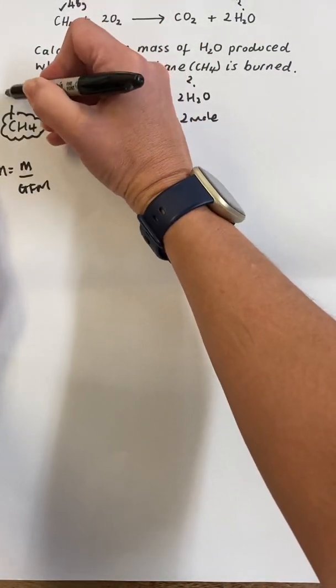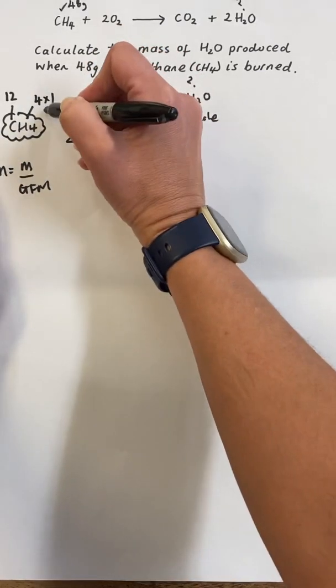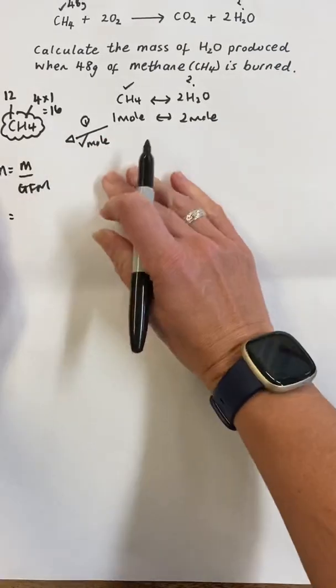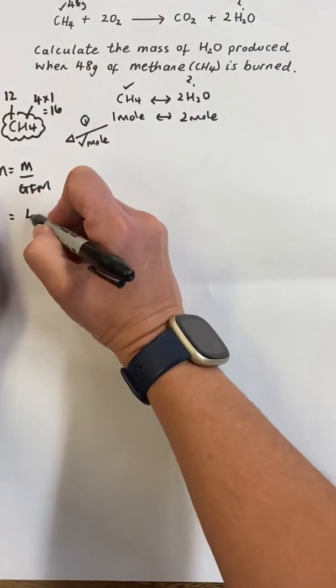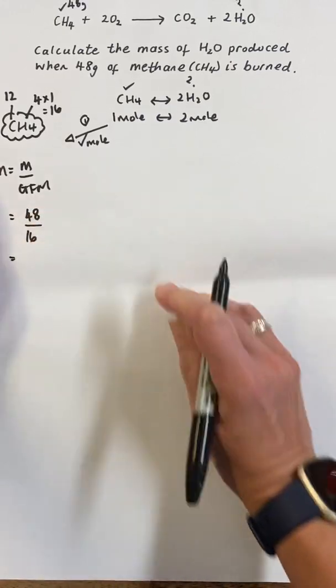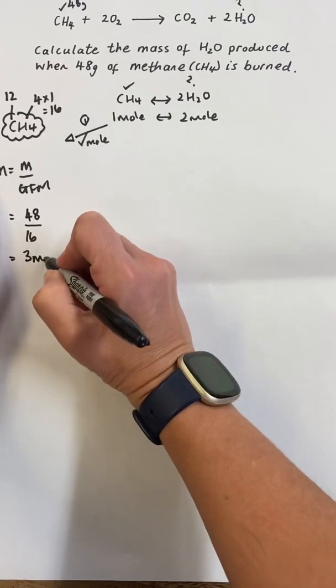My GFM, I have 1 carbon, which is 12, and I have 4 hydrogens, which is 1, so my GFM is 16 grams. So my mass from the question is 48, so I take my 48, I divide it with my GFM, which is 16, and that gives me 3 moles.